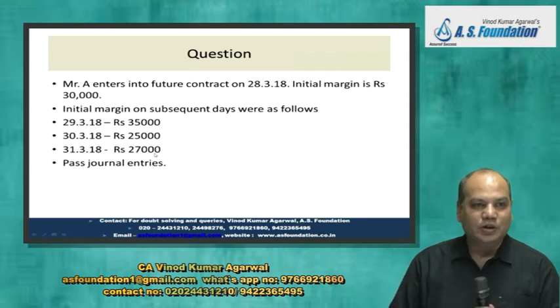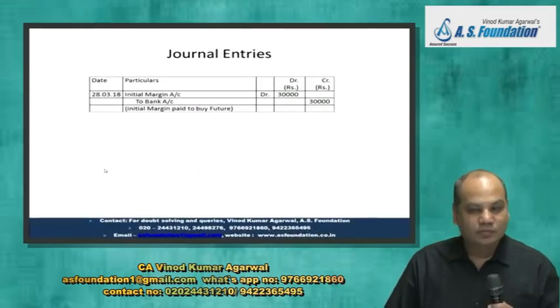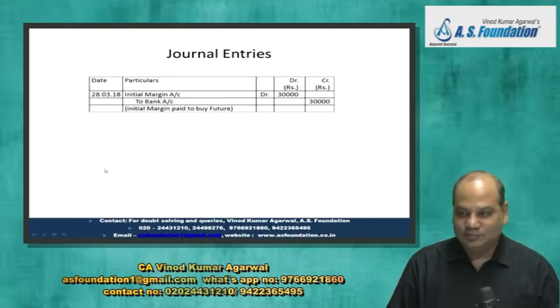It's a very hypothetical question because normally initial margin money is not required to be brought in every day. But you can't write that in the exam. Pass the journal entry without challenging the institute. So date, particulars, debit, credit.